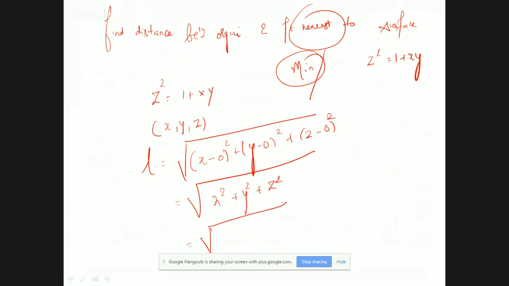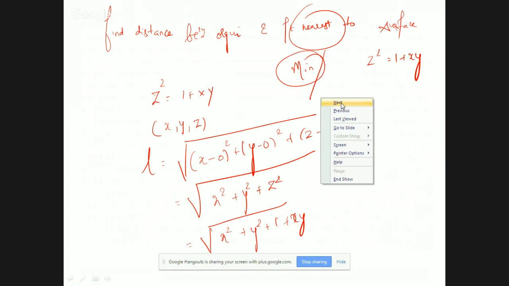But my function I can substitute here: z² = 1 + xy. So for finding this, you have to find the minima of this function. When L is minimum, this is the shortest. So we need to find the minima of this value.